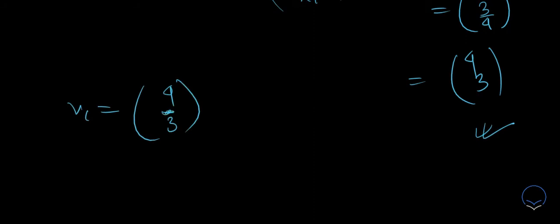So one of the eigenvectors, let's call this v1 as before, will be just 4 and 3, and the other eigenvector that comes from the eigenvalue minus 1 will be just minus 1 and 1. So now how do you write the solution?